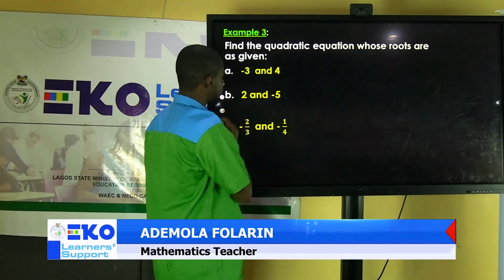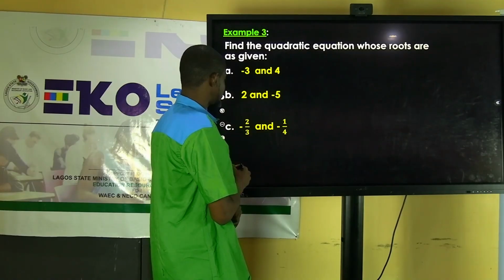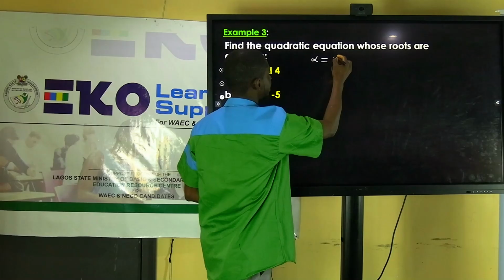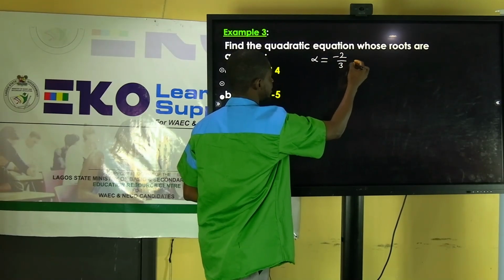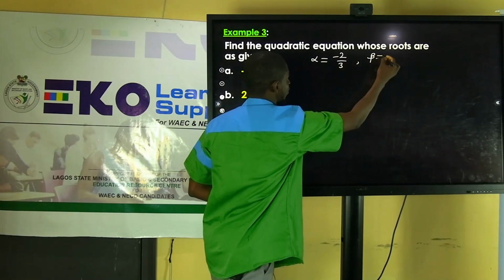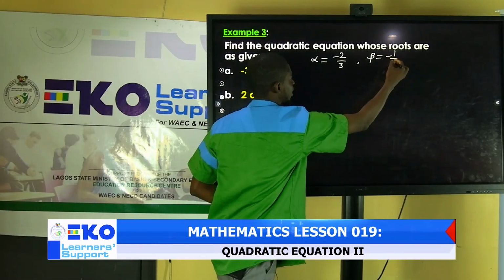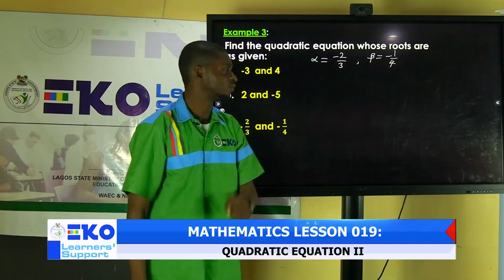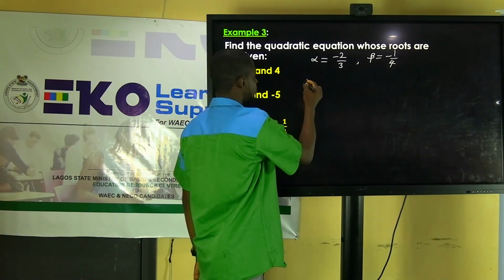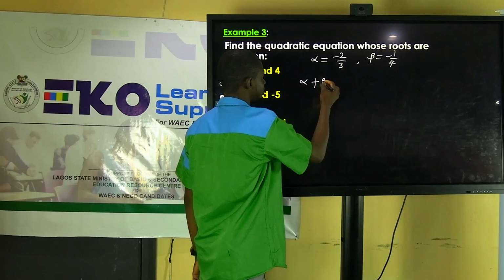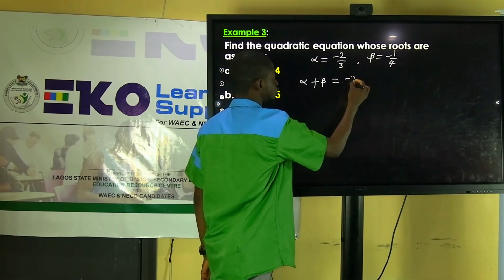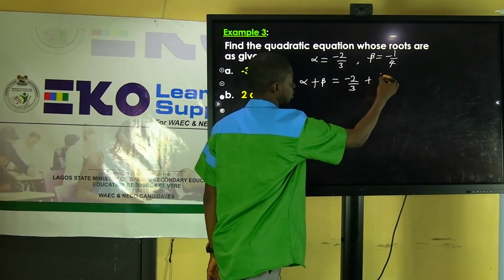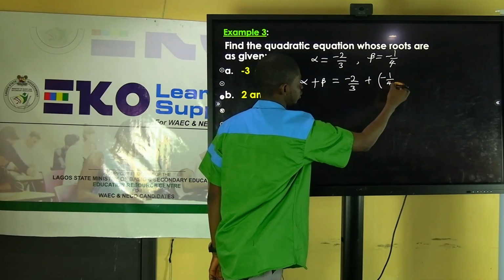So for this part, which is a fraction, our alpha equals -2/3 and beta equals -1/4. Remember, we need the sum and the product of the roots. So for the sum, alpha plus beta equals -2/3 plus open bracket -1/4.